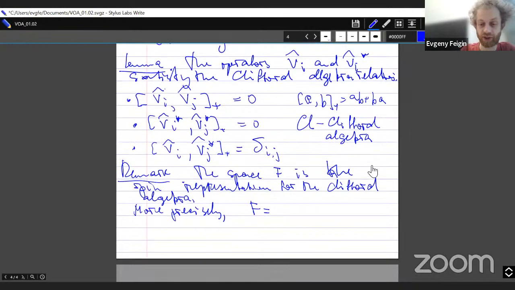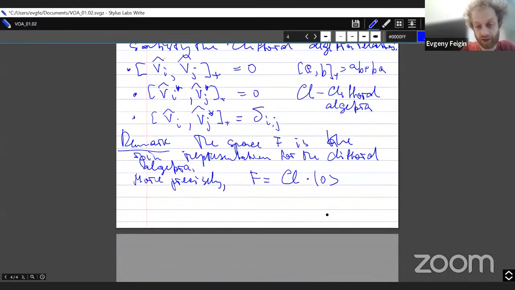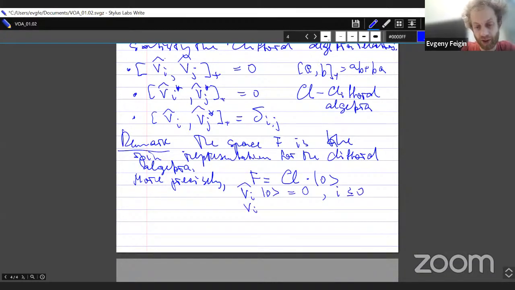Meaning that F is obtained by applying the Clifford algebra to the vacuum vector |0⟩, and we know that v_i hat kills |0⟩ if i is less than or equal to 0, and v_i hat star kills |0⟩ if i is positive. So one part kills the vector and another part generates the whole space from the vector.